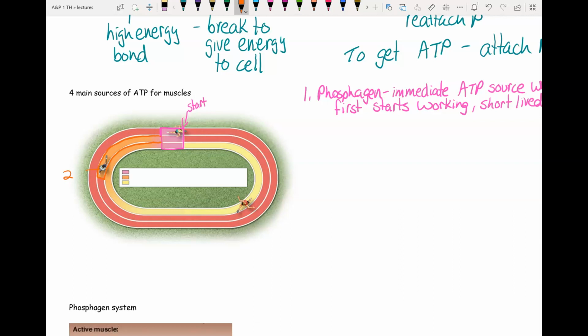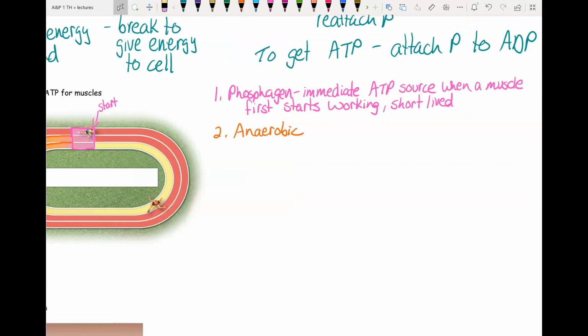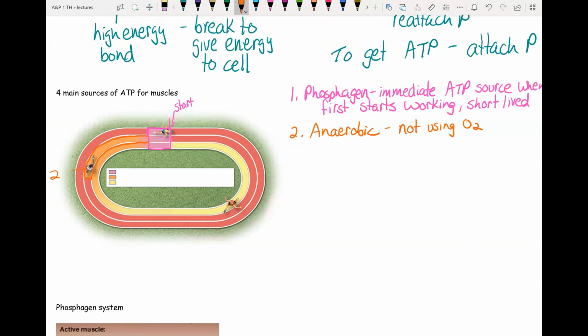Aerobic means oxygen, and when you put a or an in front of the word, it means without. So anaerobic, you're not using oxygen. Okay, this is what you switch over to after phosphagen. So you can see even runner number 2, he started in phosphagen, then as he kept running, he switched to anaerobic.